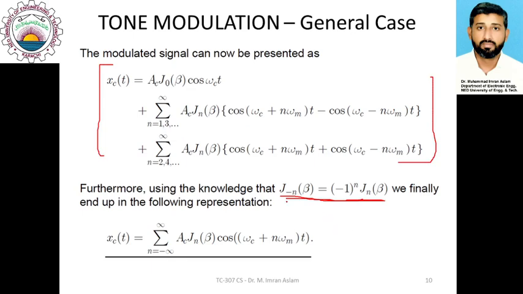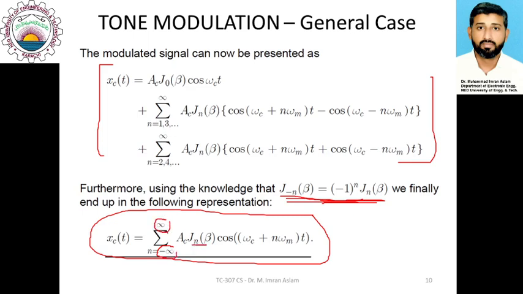By using this property, we can represent x_c(t) by this simple series which starts from minus infinity and extends to plus infinity. The coefficients depend on the magnitude of these Bessel functions, whereas the spectral lines depend on omega_m.